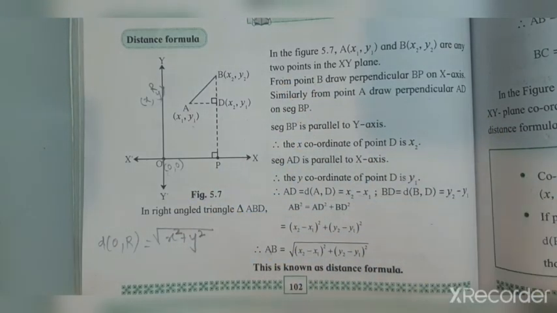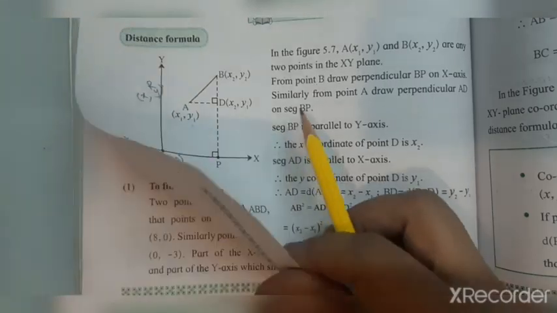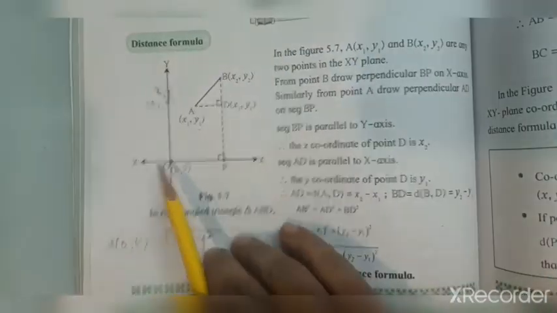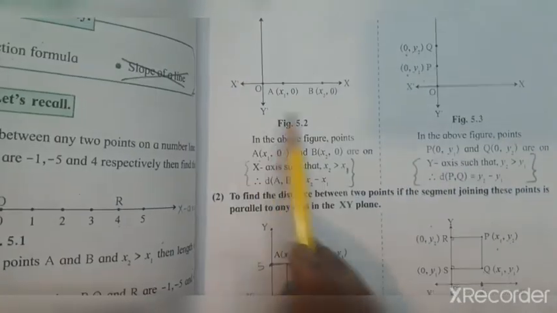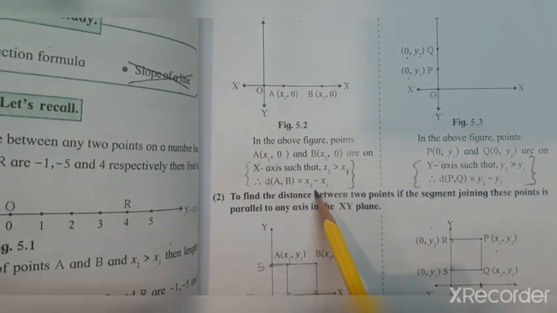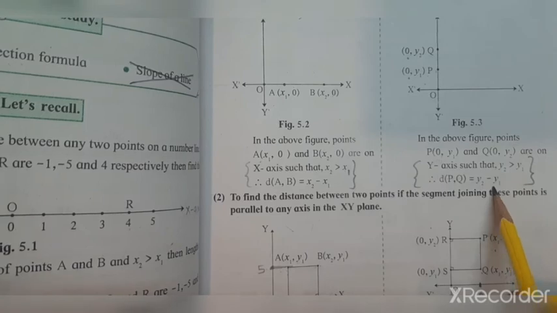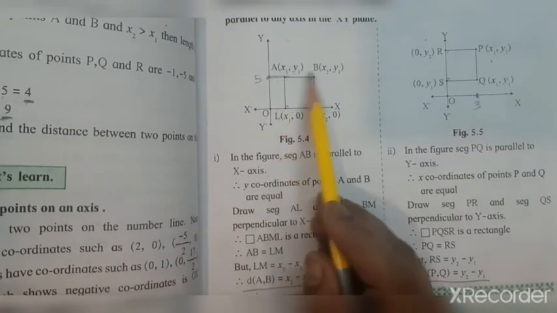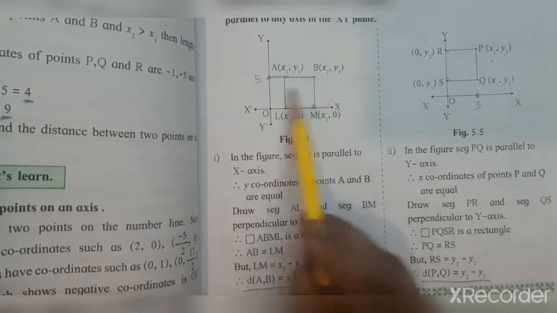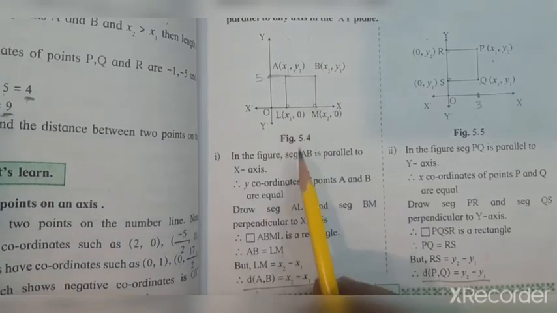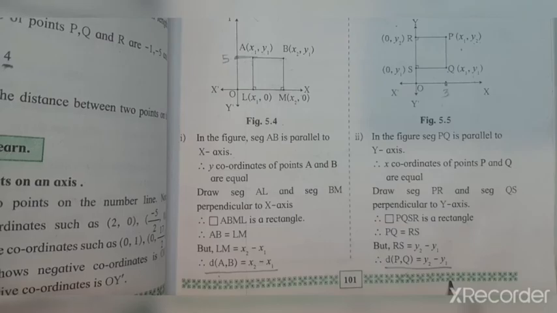So we have learned 4 things. First, on page number 101, we studied when the points are on the x-axis, on the y-axis, or when the segment formed by joining the 2 points is parallel to the x-axis or parallel to the y-axis.